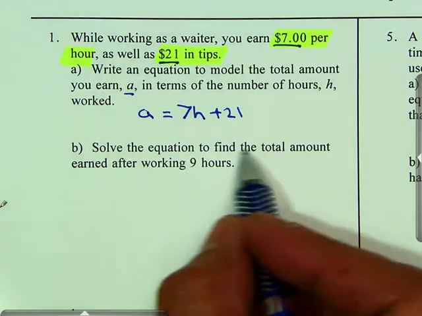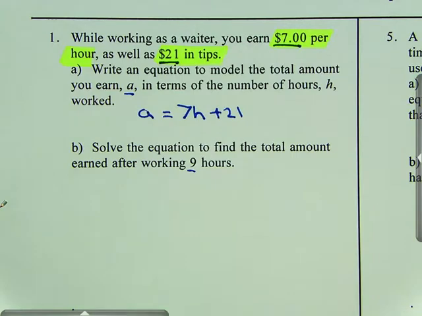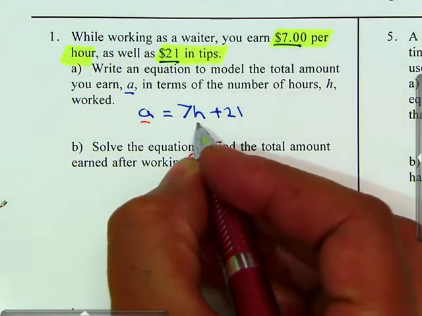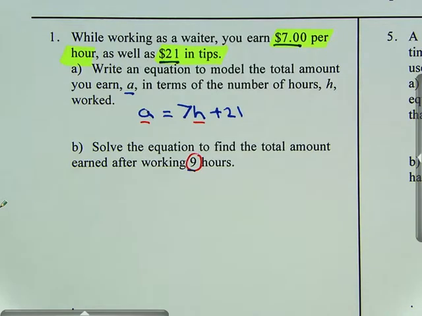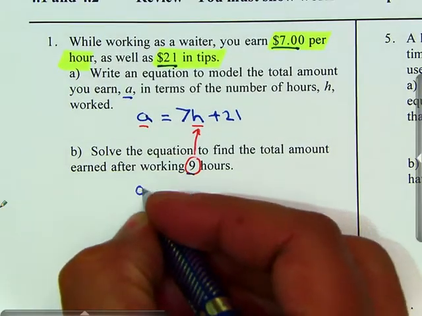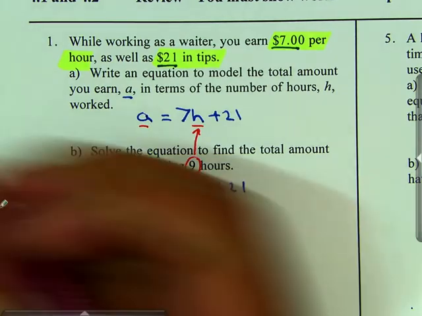Solve the equation to find the total amount earned after working 9 hours. So I need to decide, is the 9 going to go in for the A for the amount or to the H for the hours? It's going to go into the, correct, H for the hours. So that'll be the amount A is equal to 7H plus 21. But instead of the H, I'm going to plug in a 9.